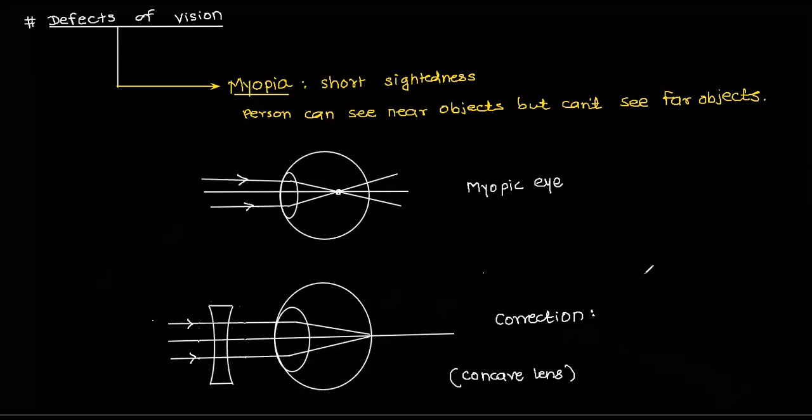One more point. If we want to find power in this case, one formula we will write here. Power P is equal to 1 by focal length, and this 1 by F is equal to 1 by far point minus 1 by minus of distance of object.